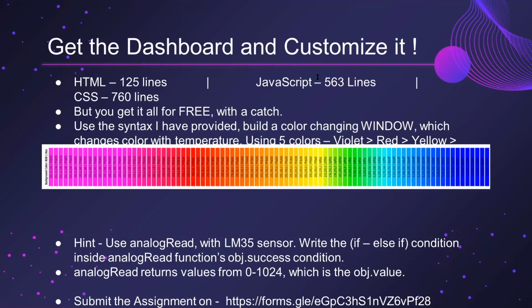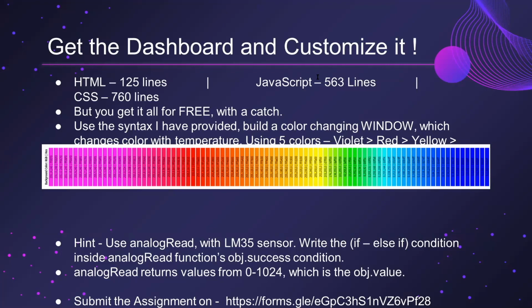I have also given you a hint on how to use it. Use an if-else function inside the obj.success, when your obj.value contains 0 to 1024 values. Everything is already in the links that I've sent you. The API URL contains how to call an analog read function, because it always returns from 0 to 1024.